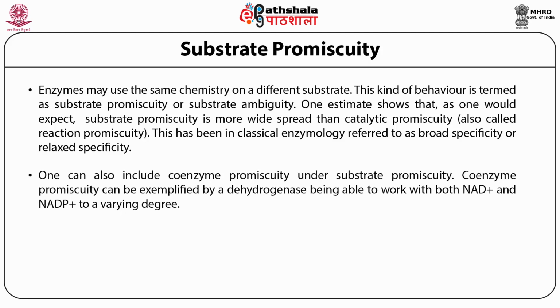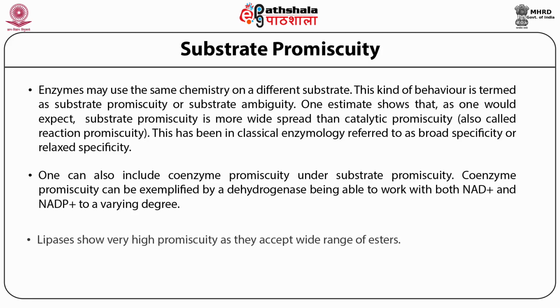One can also include coenzyme promiscuity under substrate promiscuity. Coenzyme promiscuity can be exemplified by a dehydrogenase being able to work with both NAD or NADP coenzymes to a varying degree. So, lipases show very high promiscuity of the substrate kind as they accept a wide range of esters during their esterase activity.